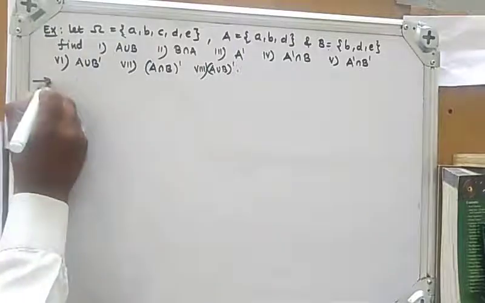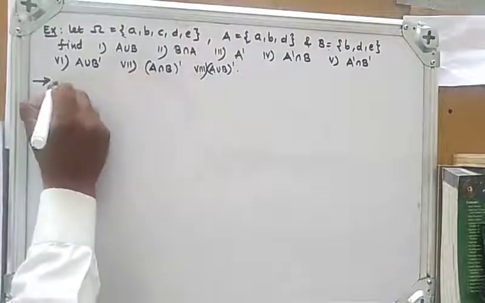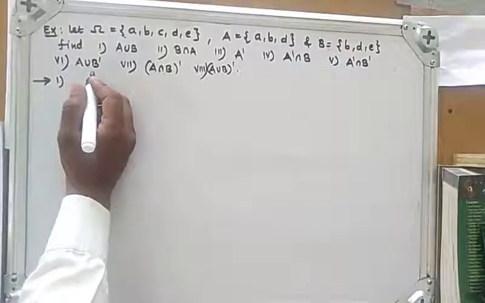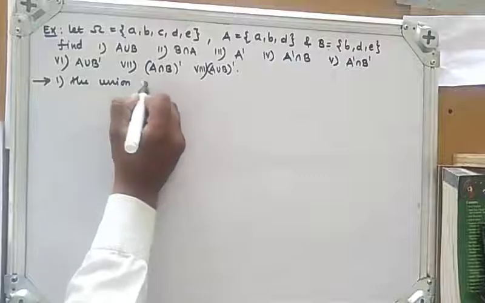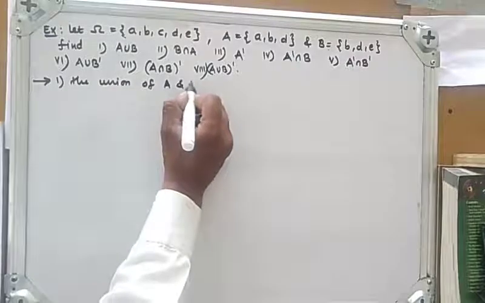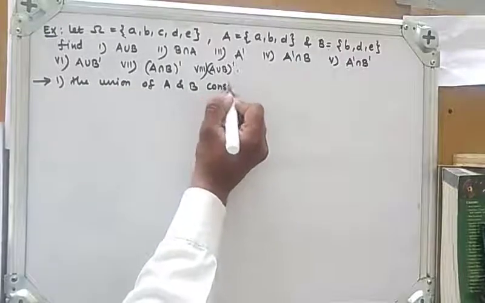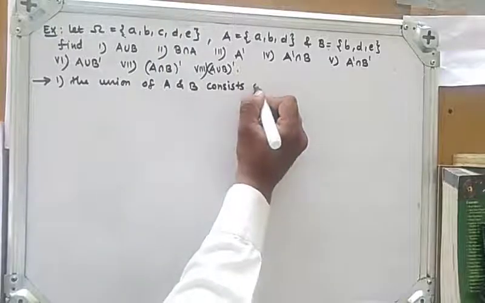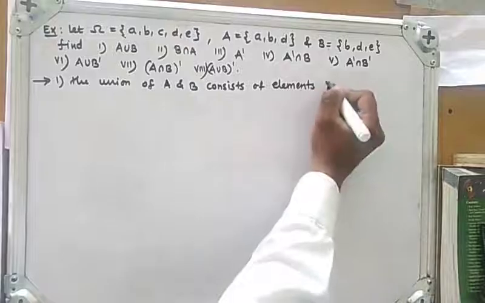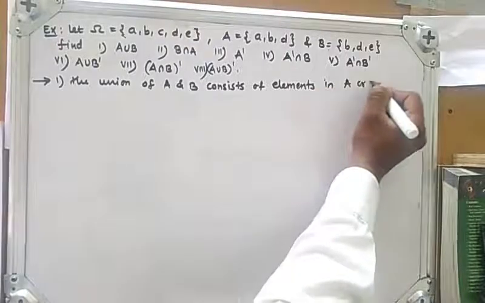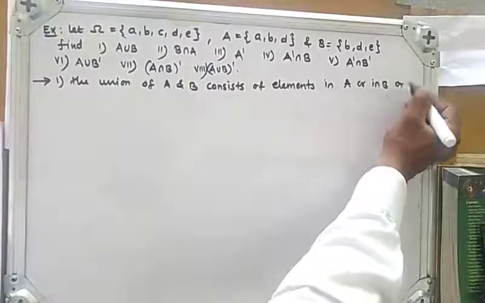Now let's see the solution. First one is A union B. The definition: the union of A and B consists of the elements in A or in B or in both.